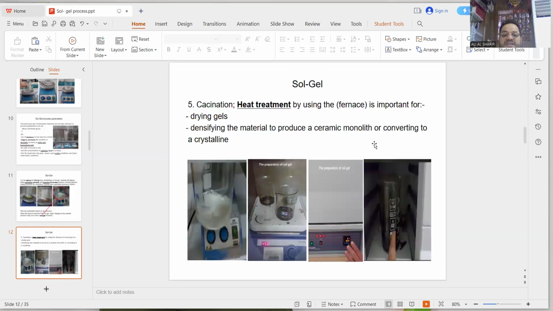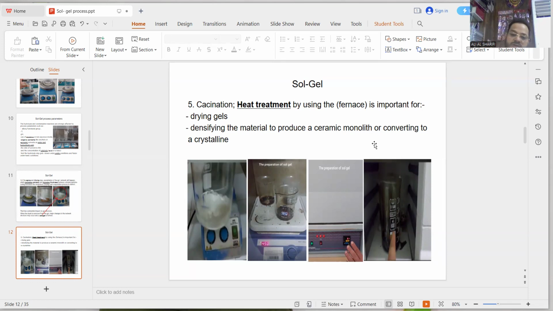Here, the calcination. That means I have an aerogel form like foam in the last picture. Now at aerogel I don't have any solvent because of the temperature treatment, but I must increase the temperature more.